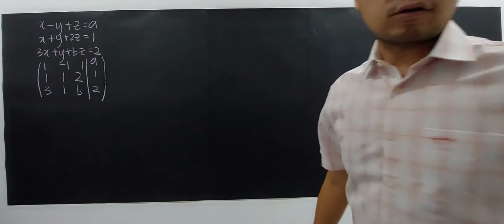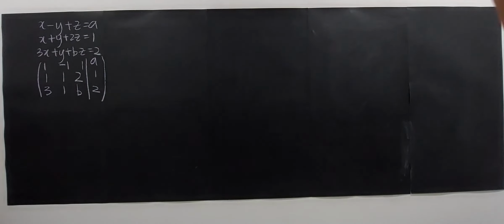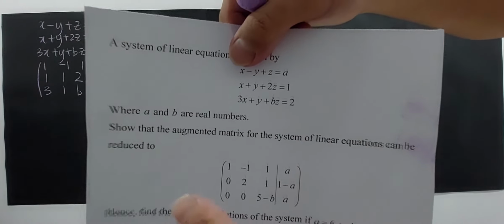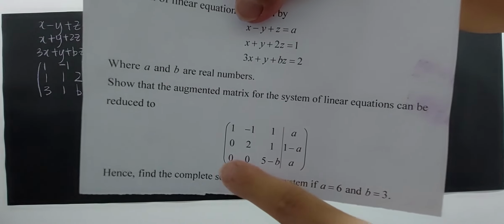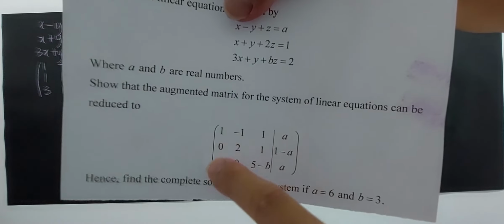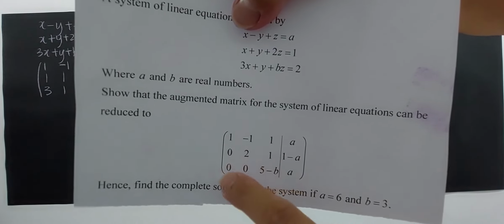At first, we have to see what the question requires. Can you see the first column, where we have 2 and 3 here?